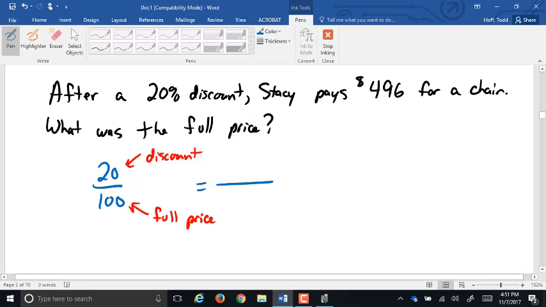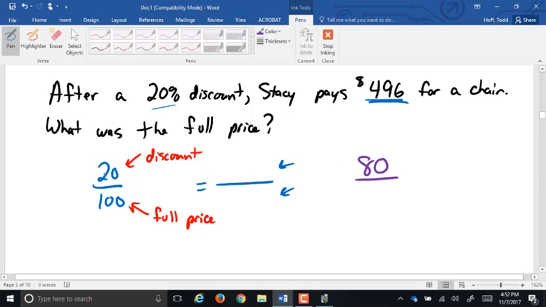Do we know the discount? No, we don't. It's 20%, but we don't know the dollar amount. Do we know the dollar amount of the full price? No. The 496 is the amount paid after the discount. So it doesn't represent either one of these values. So we can't do anything with the 20%.